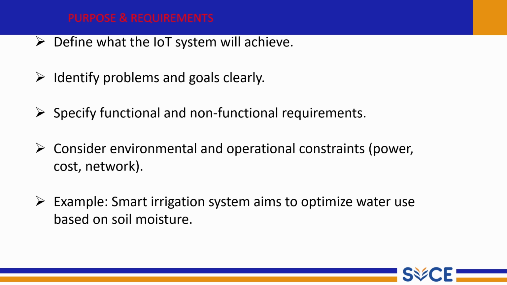Based on the goals, we specify all the requirements, and we also consider the environmental and operational constraints, that is power, cost and network. Everything is defined at the first step of creating a design. Here we are taking the example of the smart irrigation system, which aims to optimize the water used based on the soil moisture.